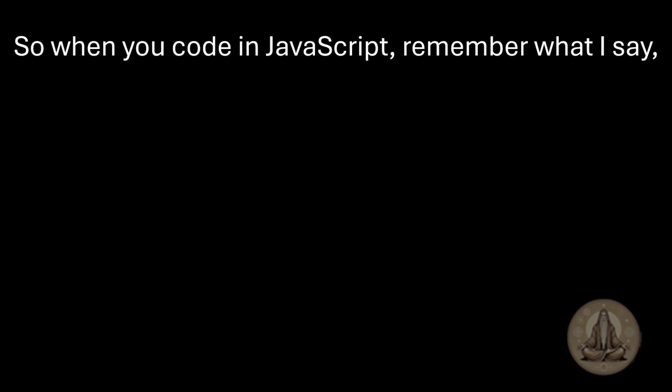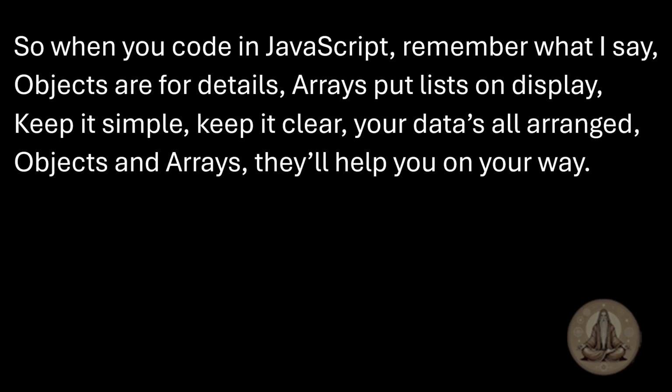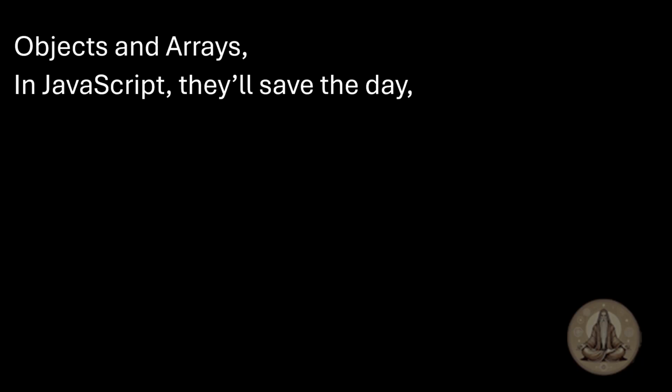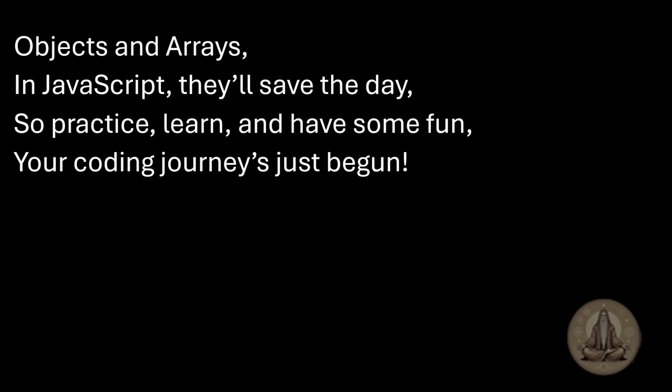So when you code in JavaScript, remember what I say. Objects are for details, always put lists on display. Keep it simple, keep it clear, your data's all arranged. Objects and arrays, they'll help you on your way. Objects and arrays, in JavaScript, they'll save the day. So practice, learn, and have some fun. Your coding journey's just begun.